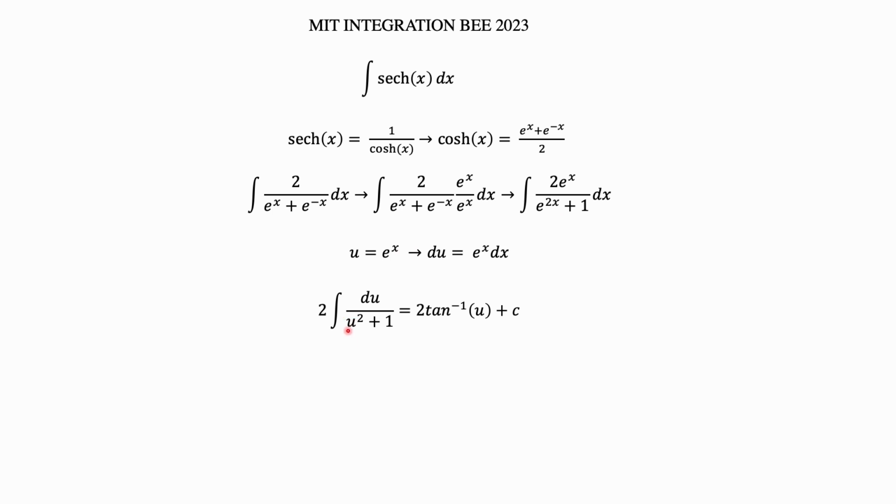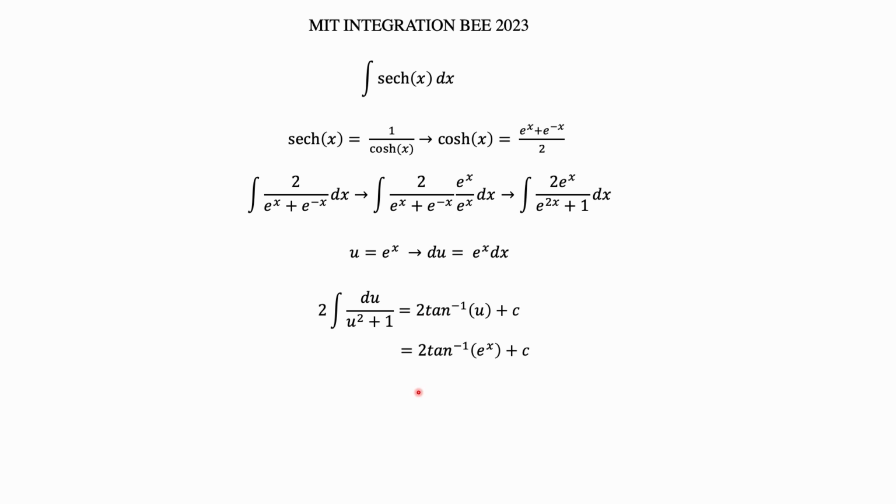This is the standard integration that you should remember, because whenever you do an integration, the only exit point is to convert it into a standard integration, and this kind of integration comes up very often. I will make a video of standard integrations that you should remember. This is basically the inverse tangent of u. Now you can plug back your u substitution, and you have your answer.